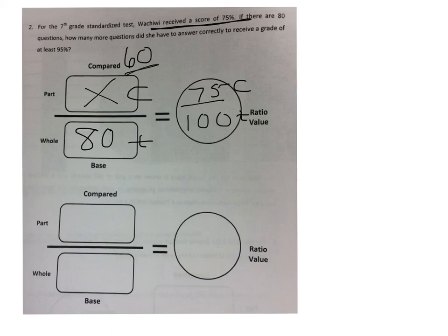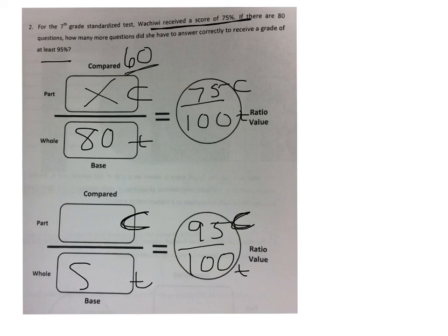We want her to get 95%. So I'm going to immediately put that 95 means 95 out of 100. That's my ratio value. And I'm going to label it again. We want her to get 95% correct. So I'm going to put a correct over here. And again, the bottom is total. The test is going to be the same. It's still going to have 80 questions. I'm going to multiply across and divide to figure out how much right she does need to get.